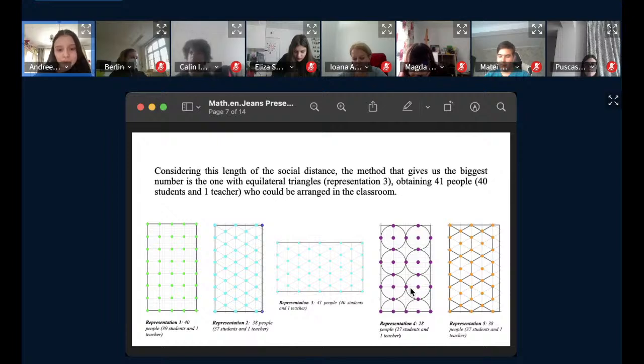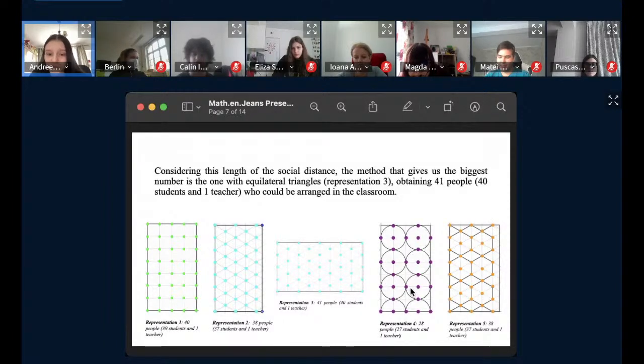The first representation with squares of side 2 meters allows us to place 40 people in the classroom. Then the second one, which was made with equilateral triangles of side 2 meters, allows us to place 38.